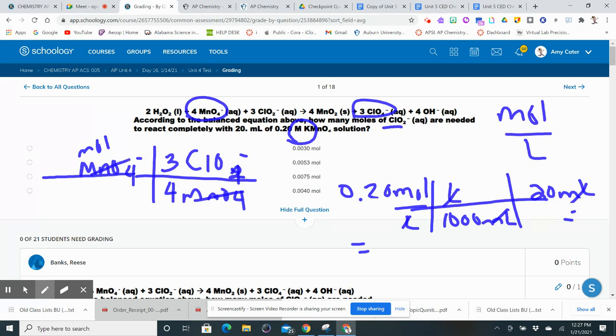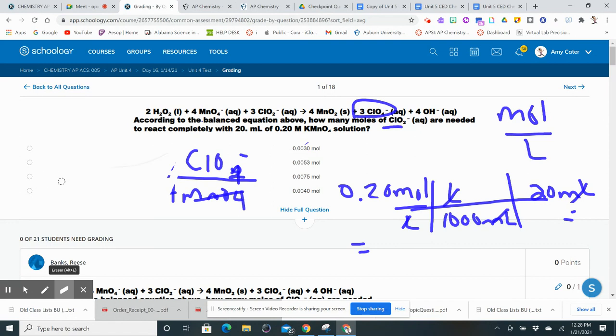Okay, so any questions on how we got that one? Okay, and that's going to be a big thing for this next chapter, is remembering that capital M means moles per liter. So if they give you milliliters, you've got to change it. And they're going to do that a lot, is they're going to give you one unit in the problem and ask you to find the answer in another unit, like hours, and ask you to find it in seconds or minutes.